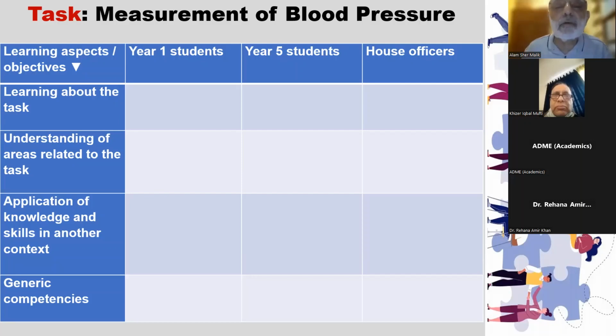Then what is a fifth-year student supposed to do and what is a house officer to do? So you can do this exercise sometime later and just fill up this table, and that would help you to understand what task-based learning is really about.